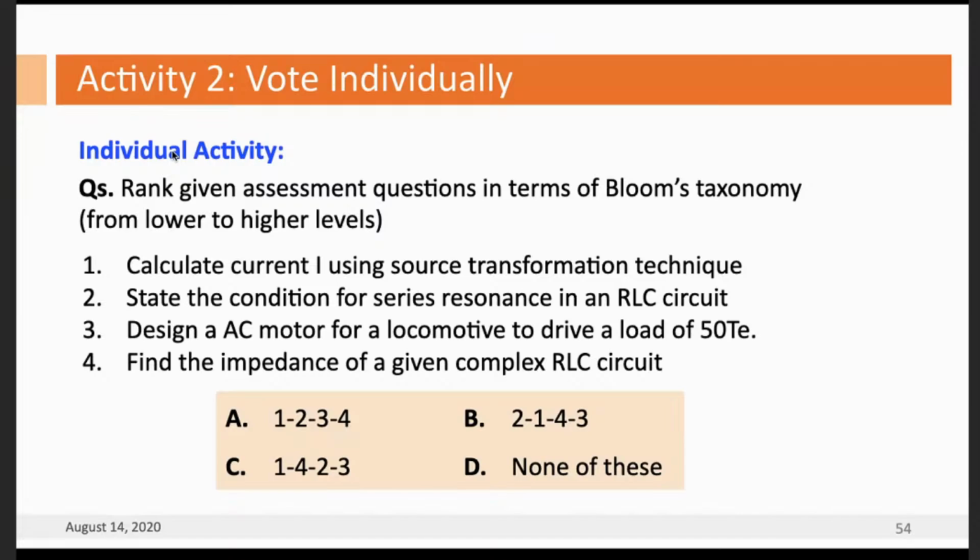So the first question is calculate current using some technique. Second is state some condition. Third is design an AC motor for a locomotive. So find the standards. One is saying A, someone is saying B, someone is saying D. Right?